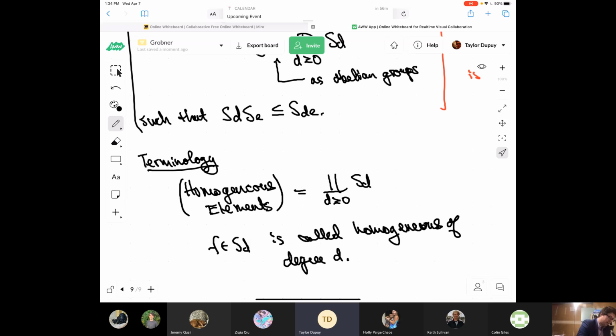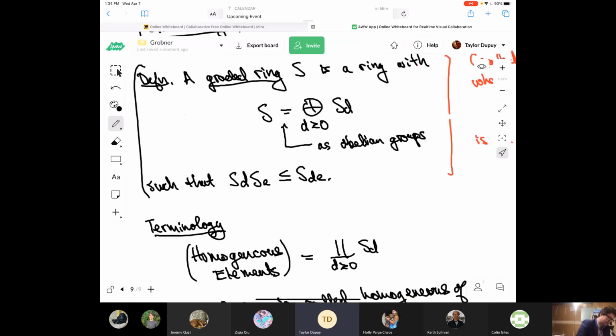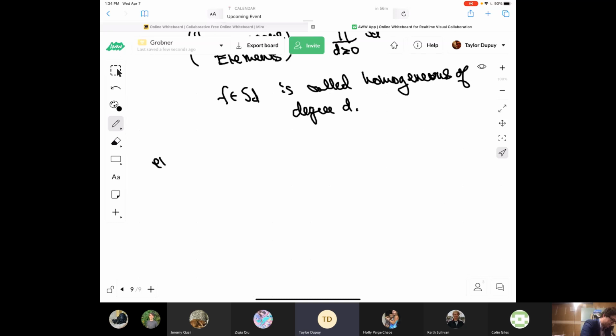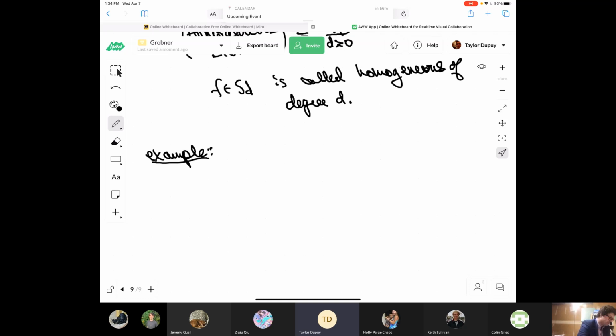Okay, so what are examples of these graded rings? The big examples are S equals C[x0, x1, ..., xn]. Here S_d, well, this is C[x0, x1, ..., xn]_d.